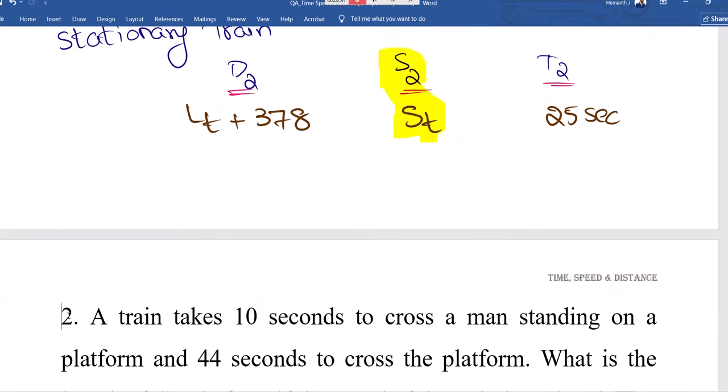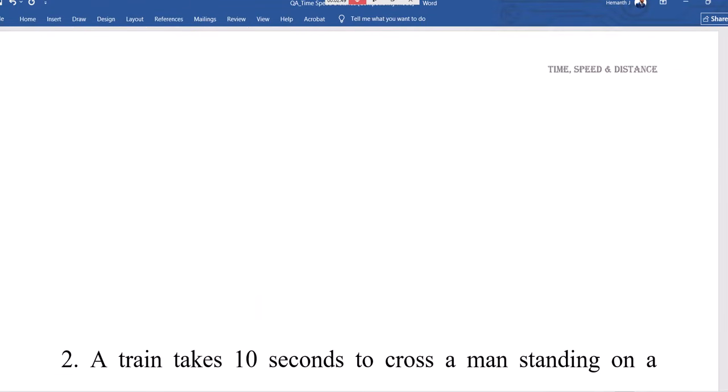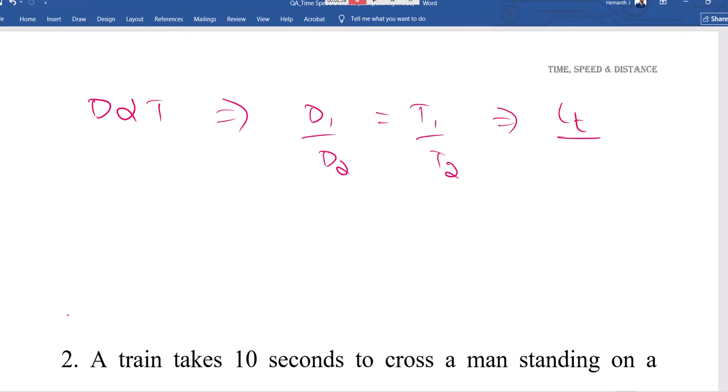So I can say D1 divided by D2 equals T1 divided by T2. In D1, the length of the train; in D2, the length of the train plus 378, equals 7 divided by 25. Now cross multiplying, you can calculate the length of the train.